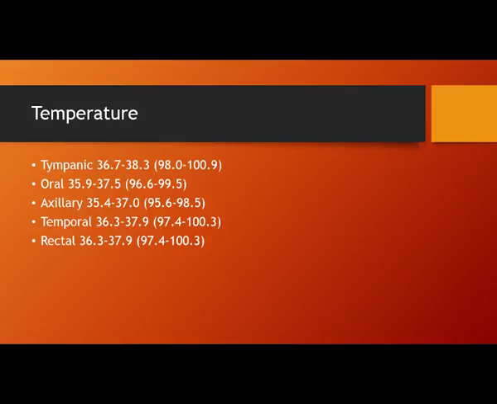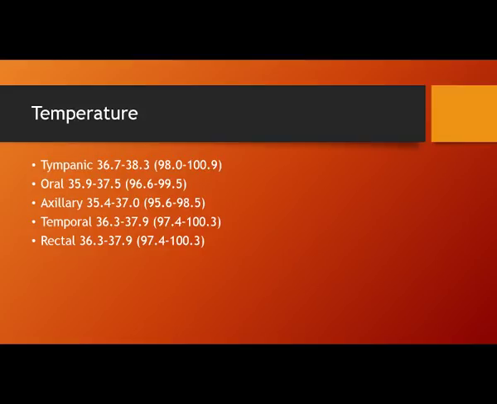Some people will say, take an axillary temperature, and the axillary is usually about 1 degree lower than the oral, so I'll just add a degree to it when I chart. And that's the wrong thing to do. You should chart the number you get, but also chart the method that you use to get it.